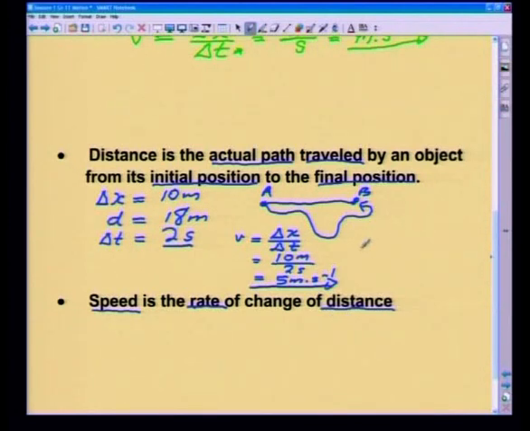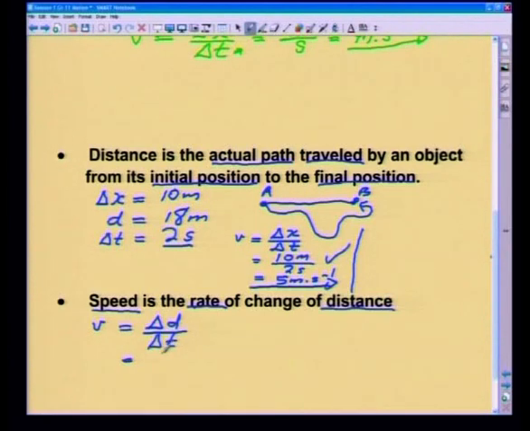It means we were able to get the velocity, which is the rate of change of displacement for this object. In the same way, we can also get the speed, which unfortunately uses the same symbol, v, but we know this time it's just speed, and it will be given by delta d, which is the distance, divided by delta t.